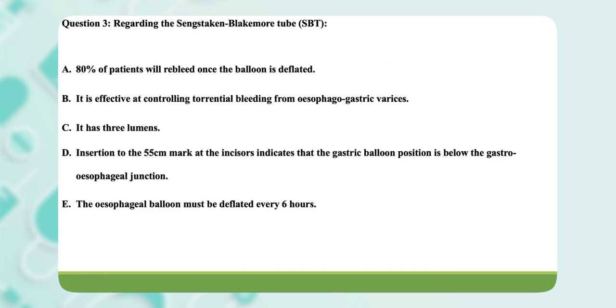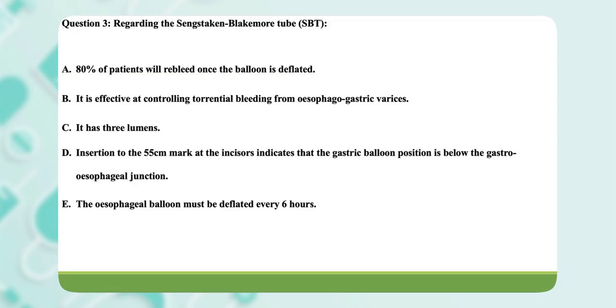Next question regarding the Sengstaken-Blakemore tube, which we have already discussed. The option is: 80% of the patients will rebleed once the balloon is deflated, yes or no? Then: it is effective at controlling torrential bleeding from esophageal gastric varices.